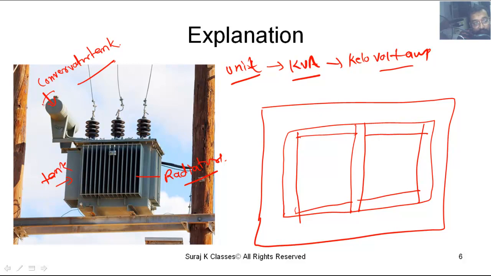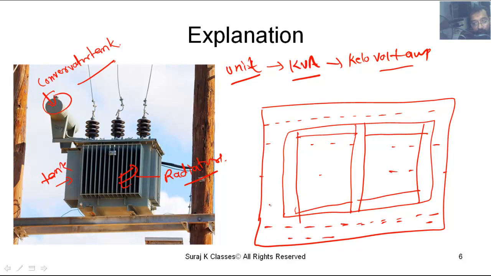Now first, the conservator tank. This looks like a tank where some liquid or item is stored. You are right, this is a tank only. But why is this tank used? The windings inside this transformer are always filled with oil, which surrounds the transformer windings. Now why oil?